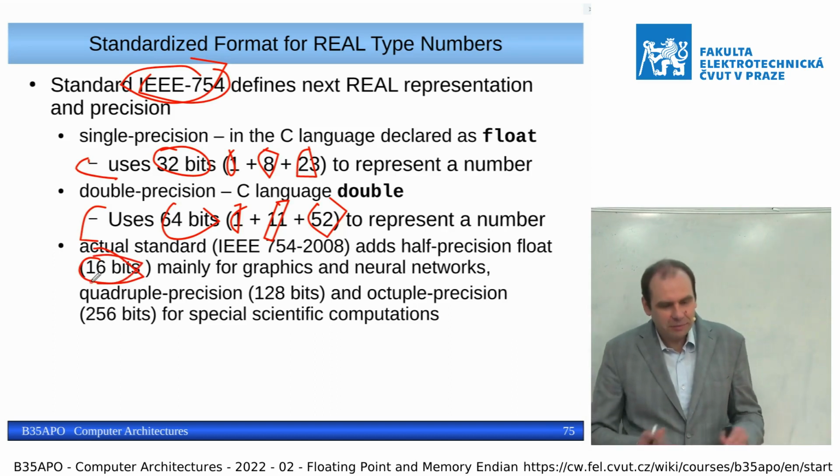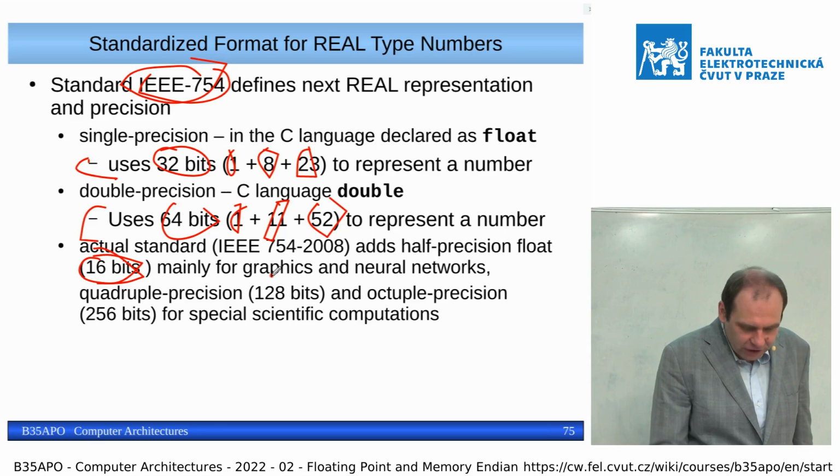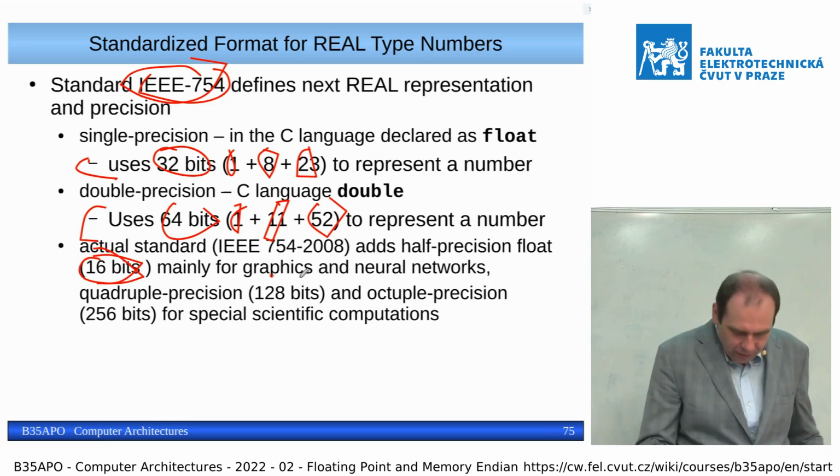So you have 16 bits which are divided to the exponent and mantissa. There is another division which is done by Intel now, which moves some bits from the mantissa to the exponent and so on.